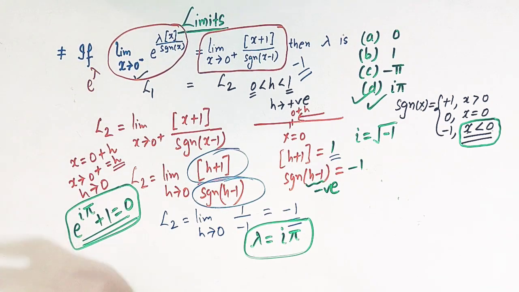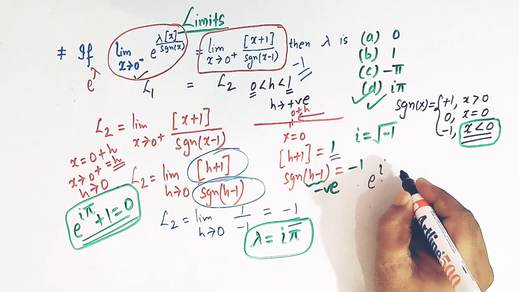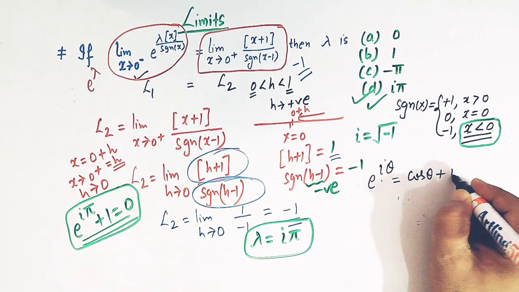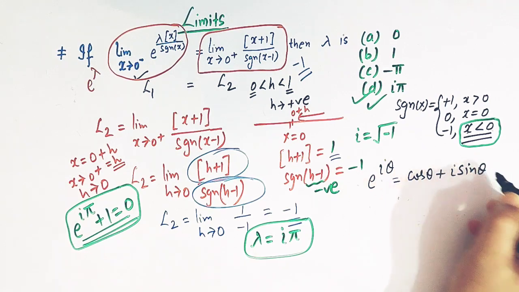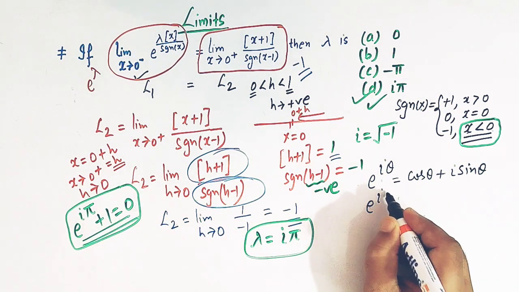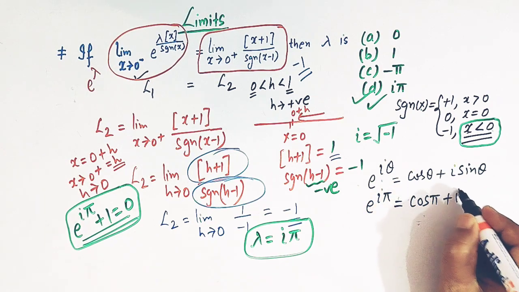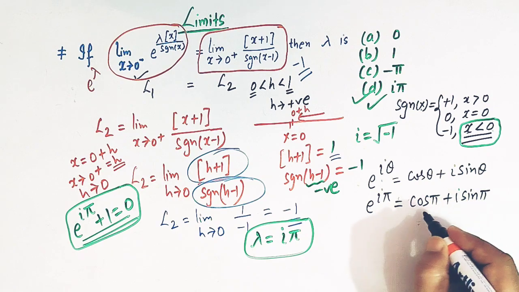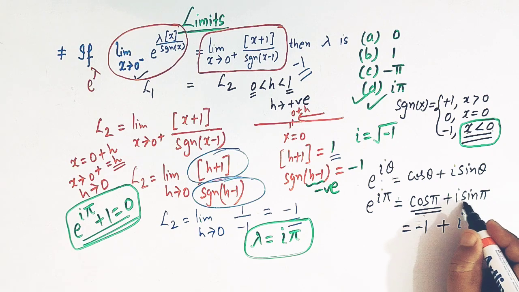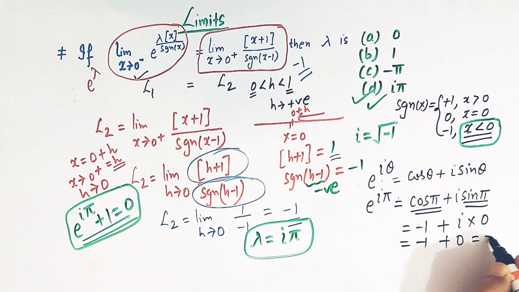And viewers, from complex numbers, we know that e raised to i theta is given by cos theta plus iota times sine theta. If we replace theta by pi, then e raised to i pi is equal to cos of pi plus i times sine of pi. Now cos pi is equal to minus 1, and sine pi is 0, so this is minus 1 plus 0, that is minus 1.